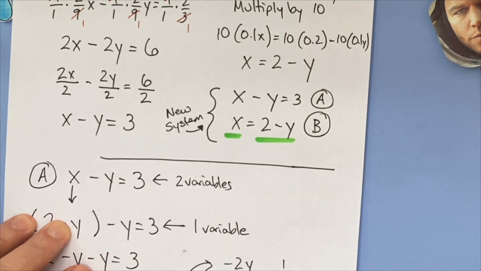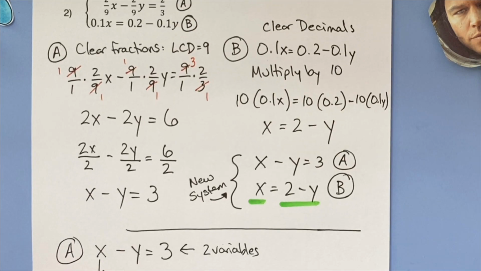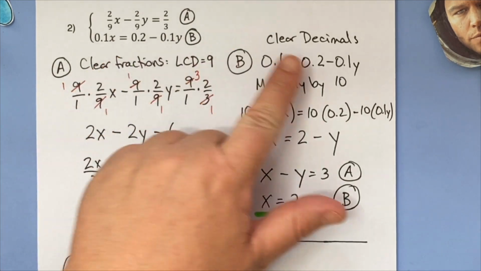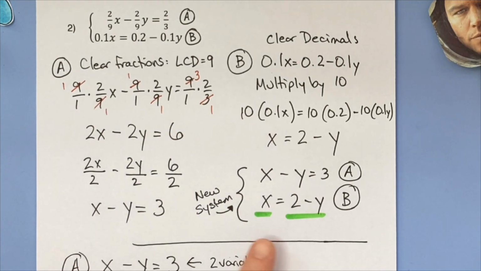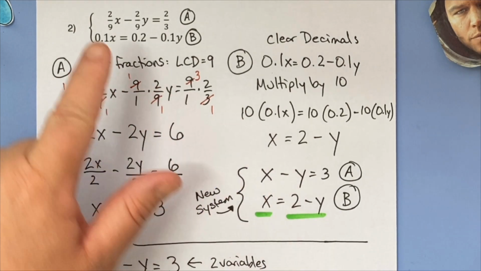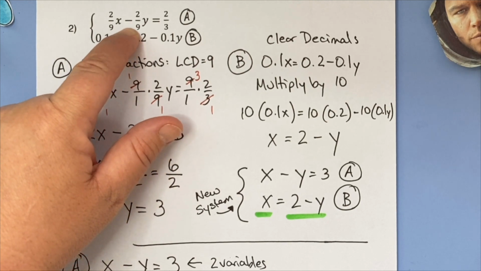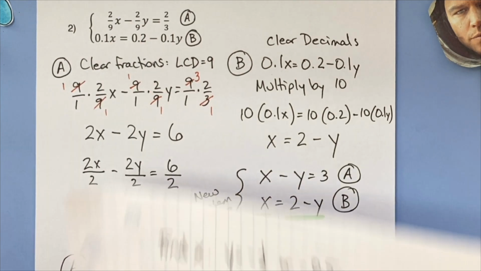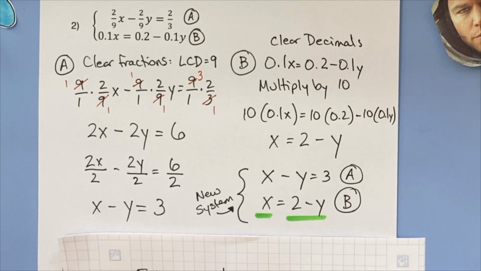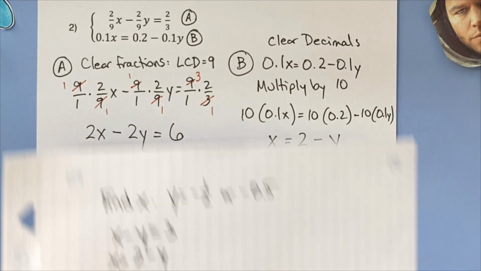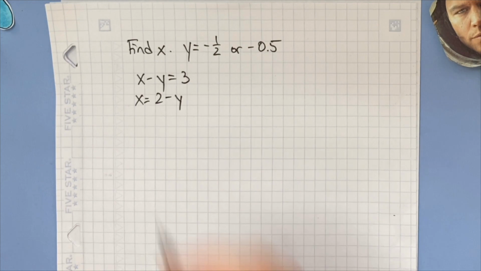And I'm going to tell you that as long as all you did was clear fractions or clear decimals, you move some terms around perhaps, if that's all you did, then this system will have the same answer this system will have. So I'm going to keep using this system. So I've got the 2 equations, x minus y equals 3, and x equals 2 minus y. There we go.